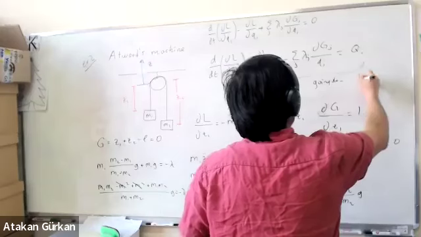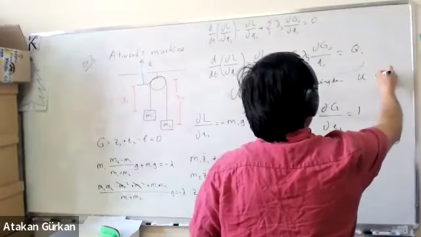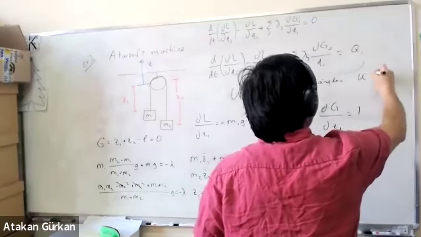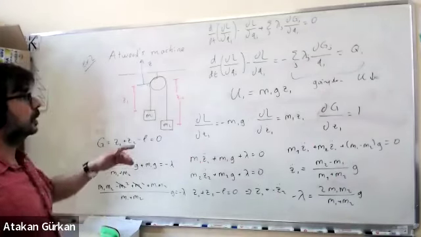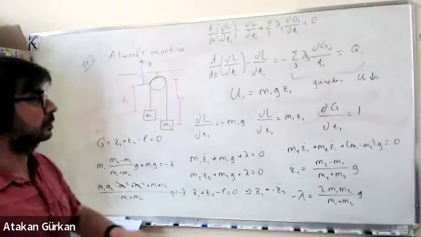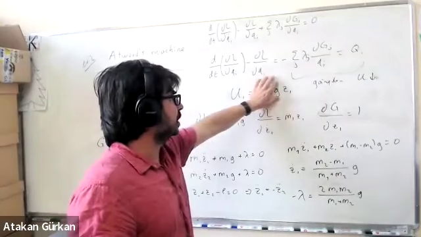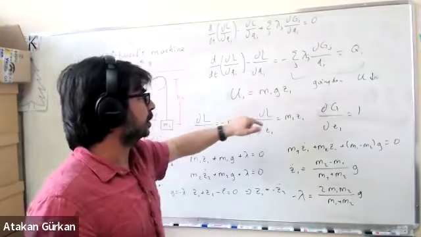So going down, the potential energy should decrease. Now, as I go down, what happens? These are constant. What happens to this number?